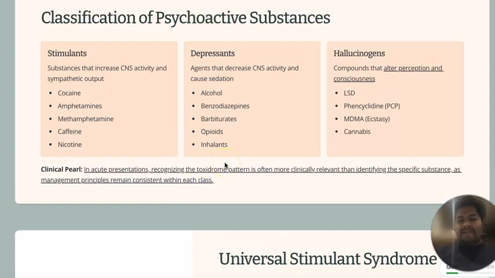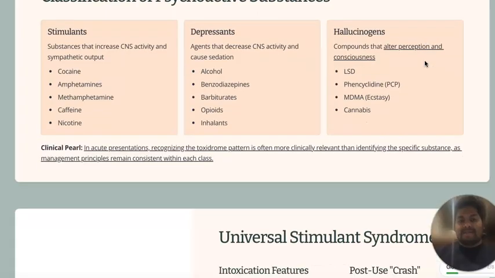That means it's often helpful in an emergency setting to identify whether the signs and symptoms match the stimulant class, the depressant class, or the hallucinogen class, so that when we manage the cases it becomes helpful to us, because rather than a specific antidote, most of the time the supportive measures will be specific to a particular class of substances.